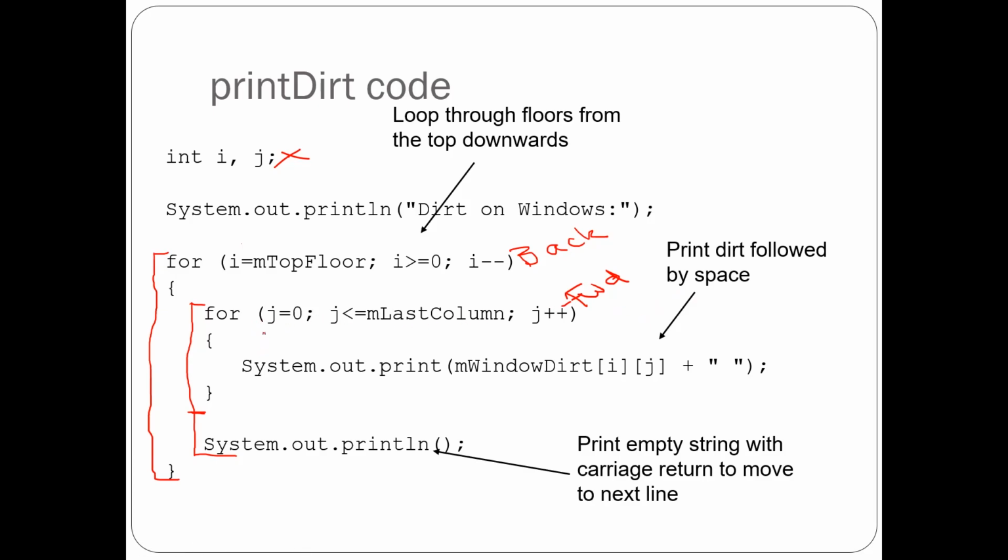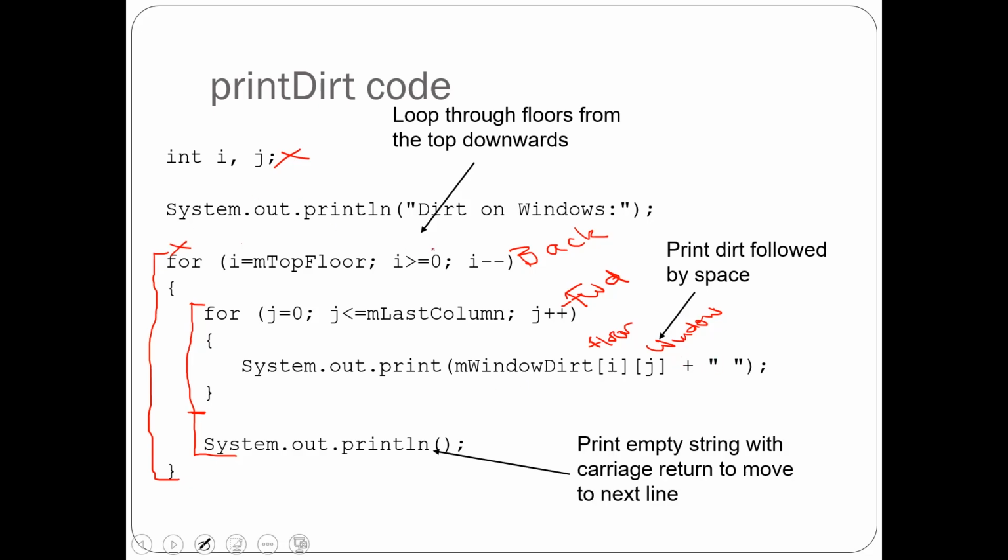And then we're going to cycle through each floor in the outer loop, which is this one, and then in the inner loop, while we're on that floor, we're going to cycle through each of the windows incrementally, and then use system.out.print to output the value in the array at i, which is the floor, and j, which is the window on that floor, with a space after it.